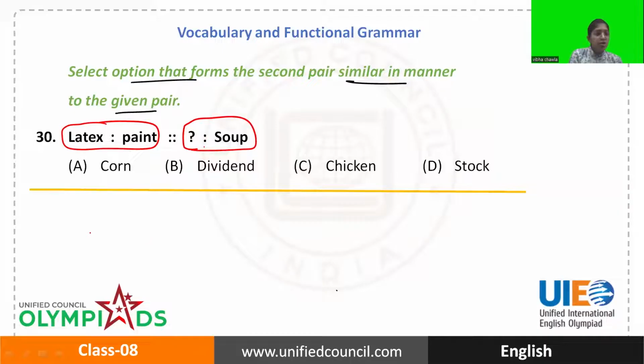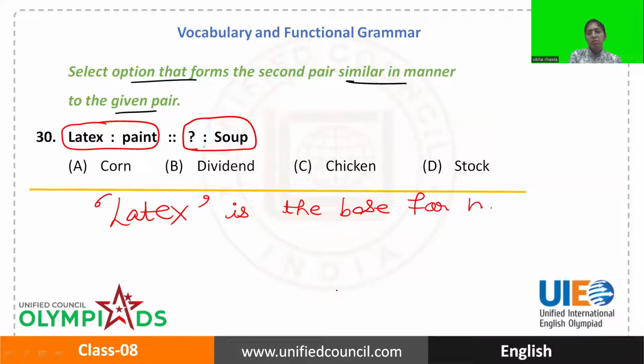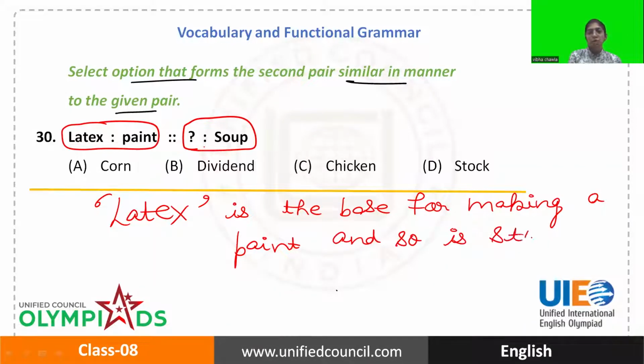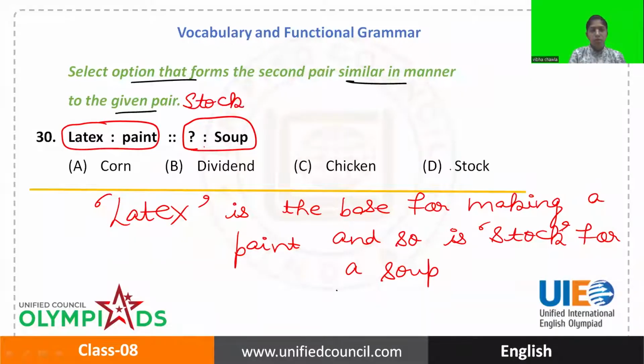So the relationship here is latex is the base for making a paint, and so is stock for a soup. Just like latex is the base for making a paint, so is stock for a soup. So it is stock. It's option D.